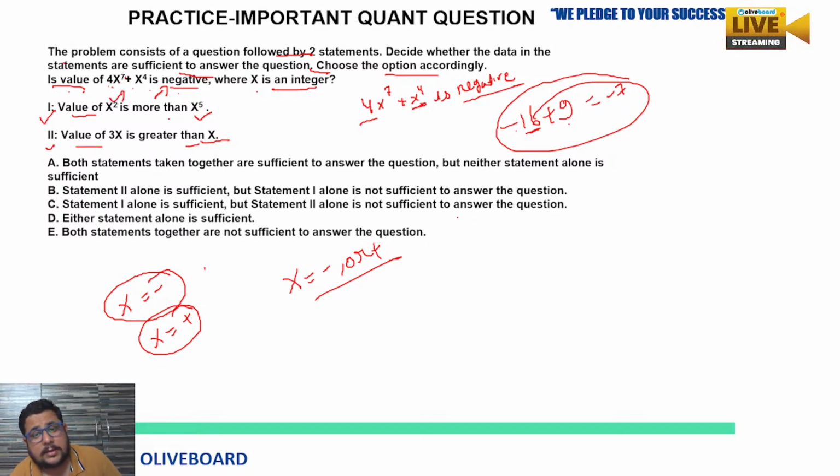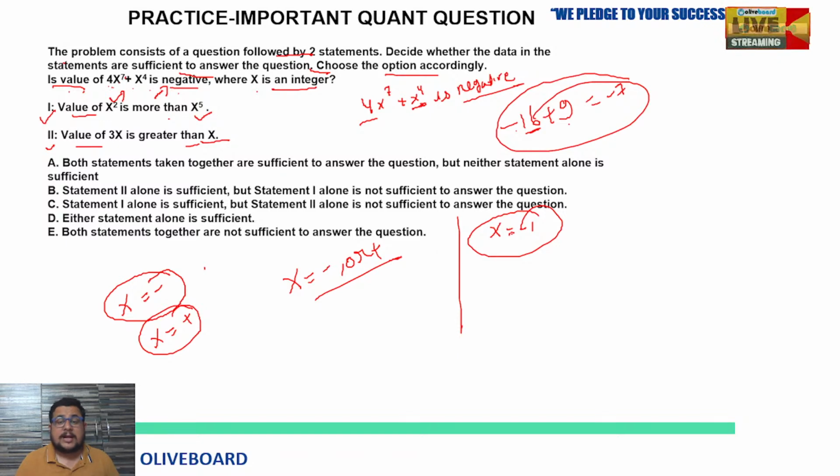Why? Just take an example. Suppose x equals -1. This is the largest negative integer, the minimum in magnitude, so I am considering -1 here. Just put it in: 4 times -1 to the power 7 is going to be -4 only, because when the power is odd, a negative number's result stays negative, -1.